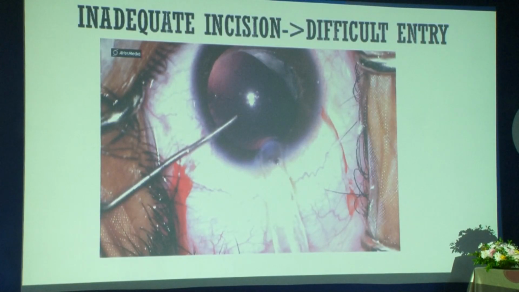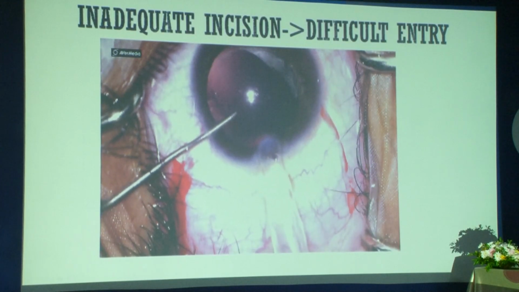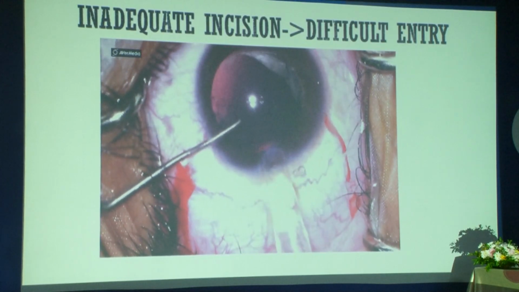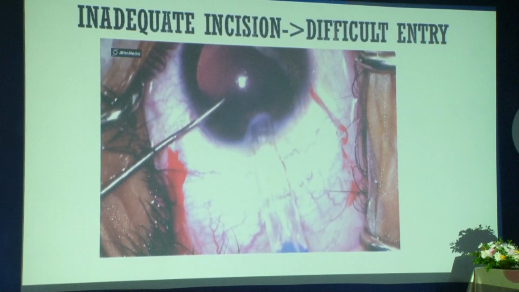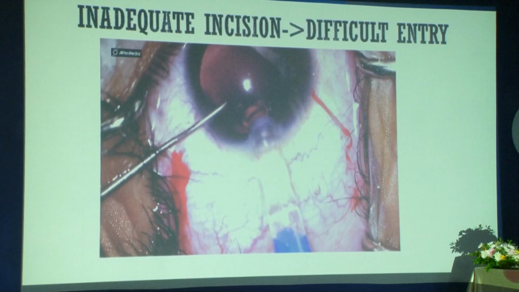Moving on, this is what happens when you have an inadequate incision. Sometimes the blades are not to the measurement. You think you've made a 2.8, but it's actually 2.75. It's just going to make the entry of the lens that much more difficult. There will be more resistance, and more chances of the lens changing orientation, getting flipped or reversed.